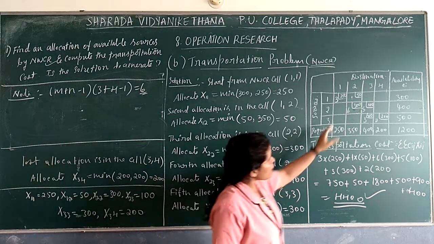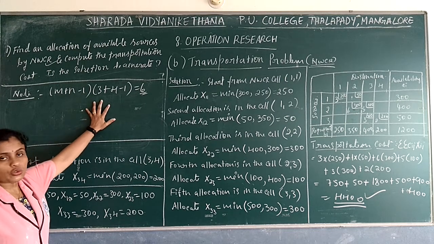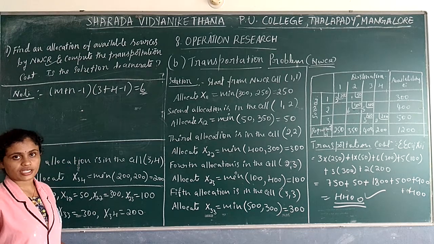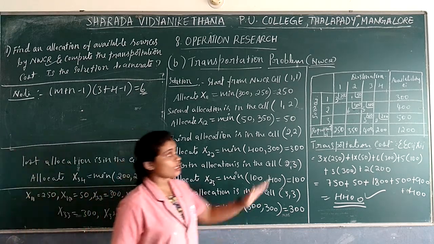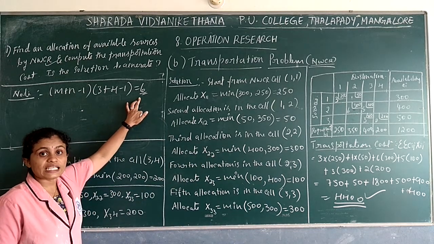Here the number of non-zero allocations is equal to m plus n minus 1. So this problem is of the type non-degenerate. If the number of non-zero allocations is lesser than m plus n minus 1, then it is degenerate.